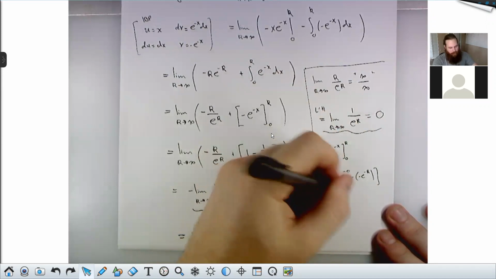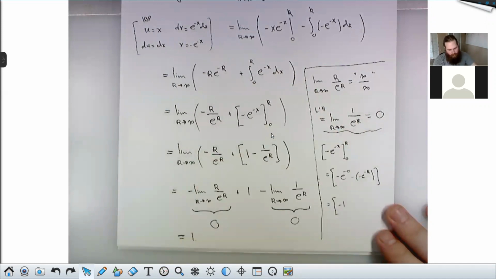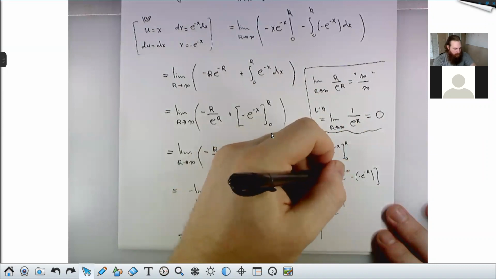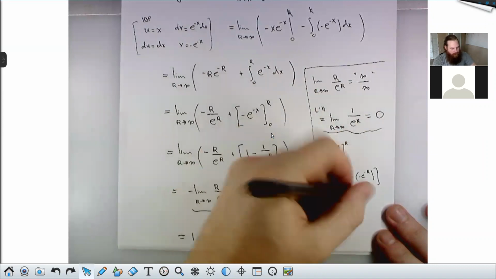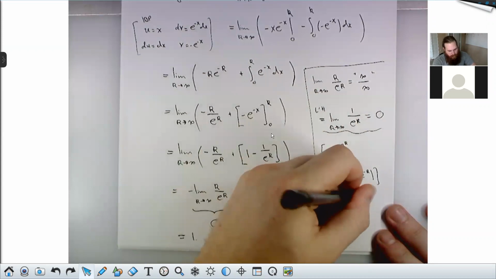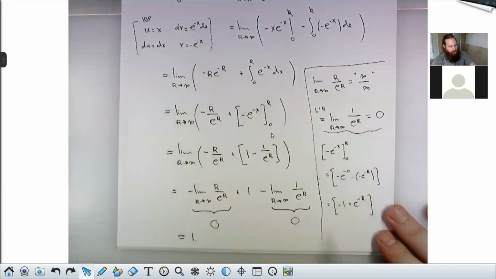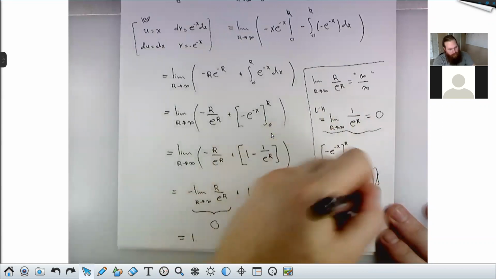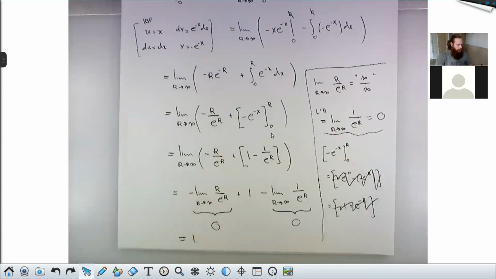E to the 0 is 1. So negative e to the negative 0 is negative e to the 0, which is negative 1. And then this is plus e to the negative r. And that's the same as e to the negative r minus 1. Oh, did I swap that around? What did I do here? Oh, I did swap that around. I'm sorry. That's not going to help unconfuse things. That's going to make it worse. Here, I'll do it here.